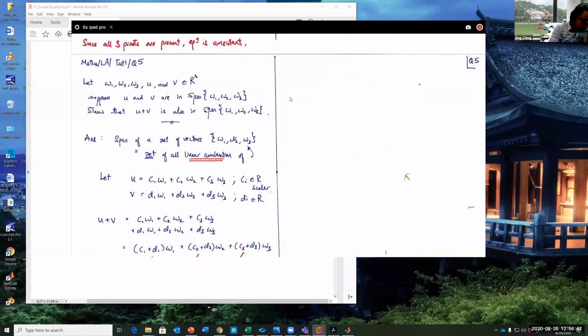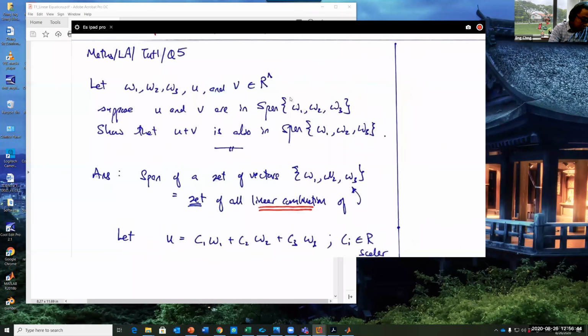So we are now told some conditions. We are saying that we have a span. So again, remember, span means that, let's call the span W. We use the big W to represent a set. And what is this set?